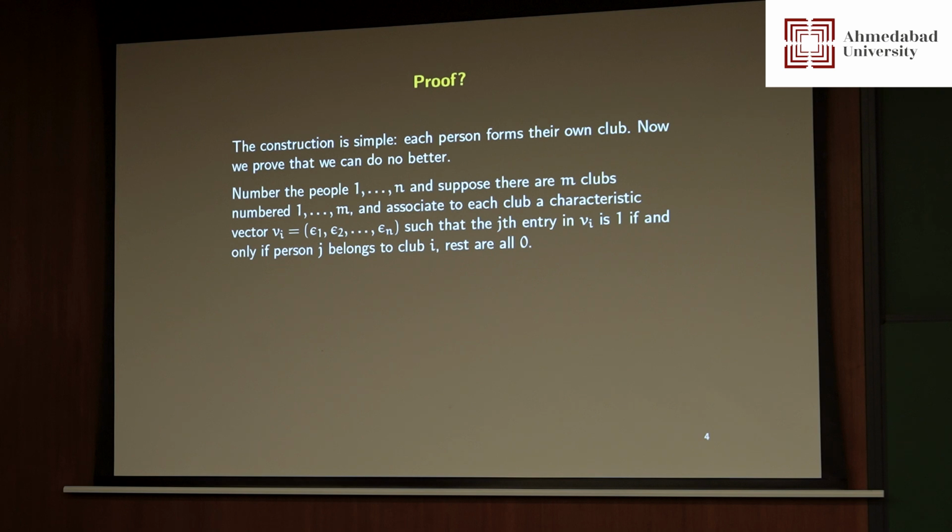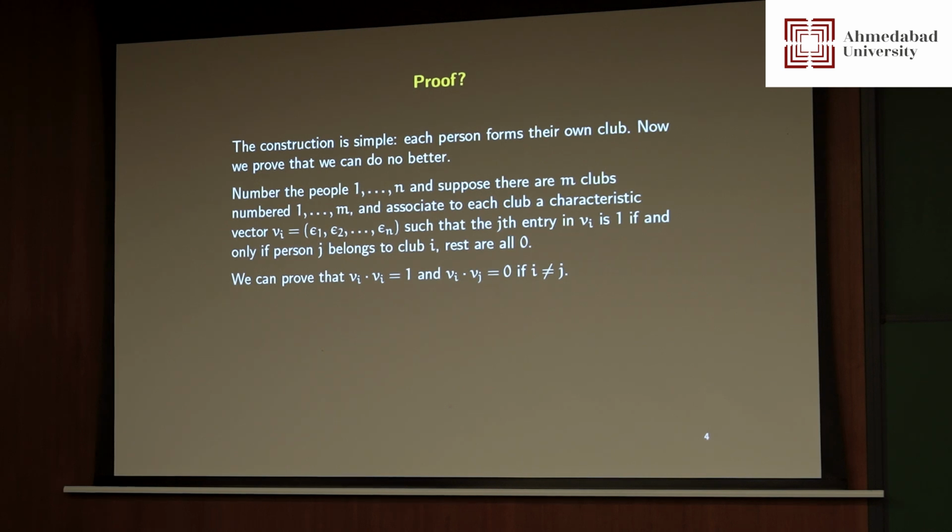So these would be all zeros except that the jth entry of vi would be 1 if the jth person belongs to club i, and it will be 0 if the jth person does not belong to club i. We can prove that if you take the dot product of this vector vi with itself, then the answer is 1.